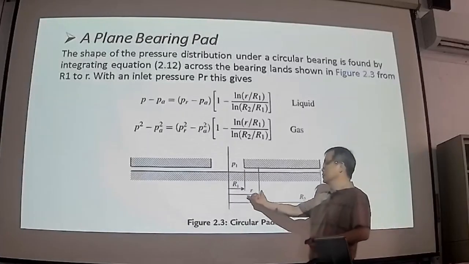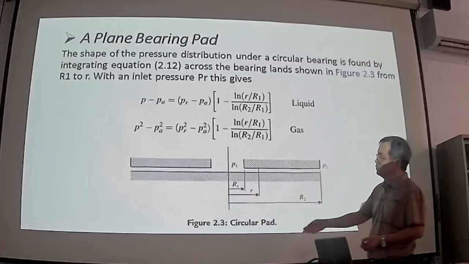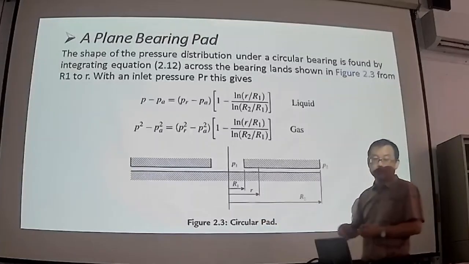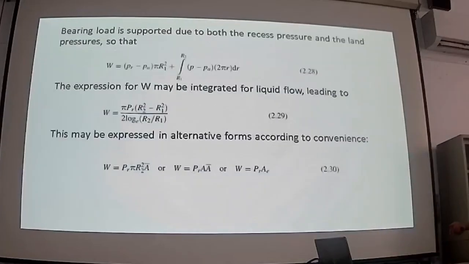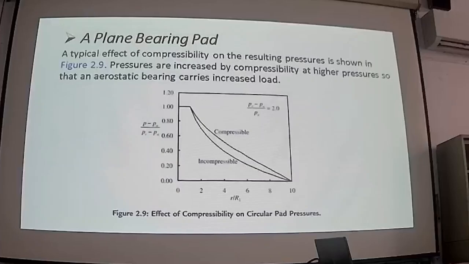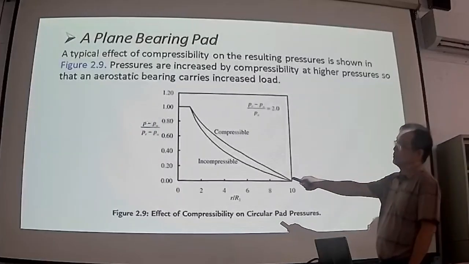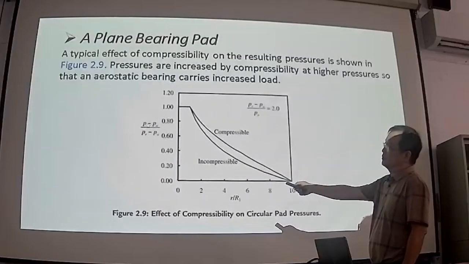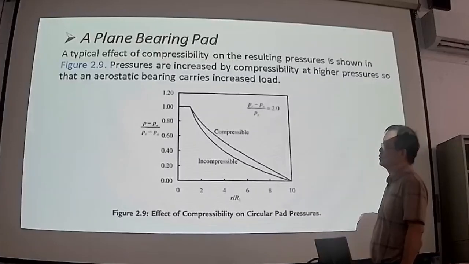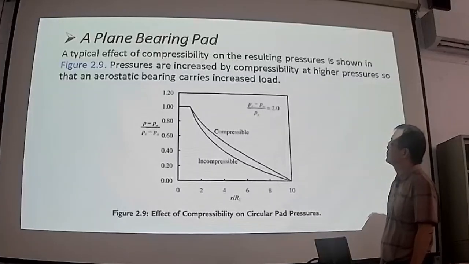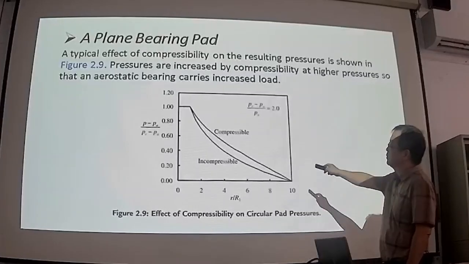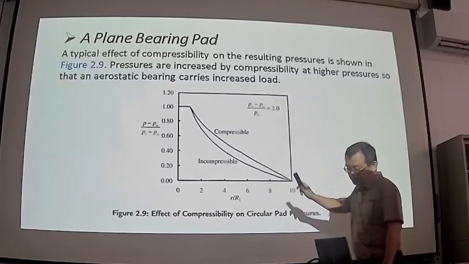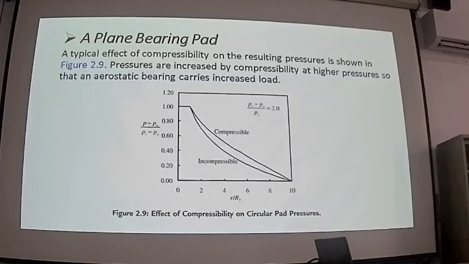R is the radius at any position. You can estimate this. And here is the supply pressure divided by the recess pressure. Here we have a drawing for that.